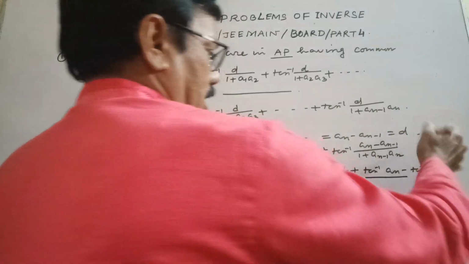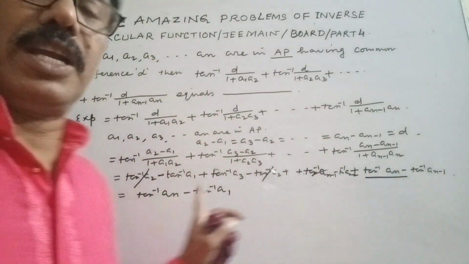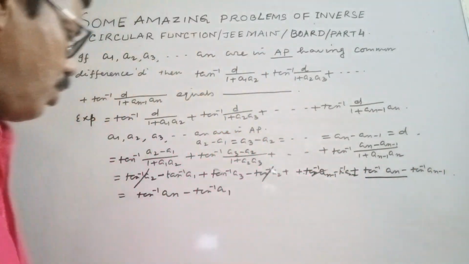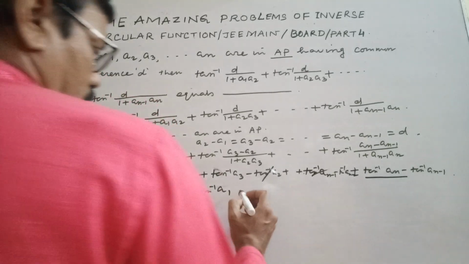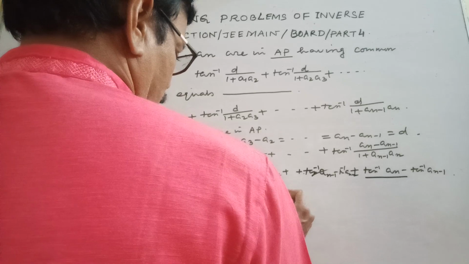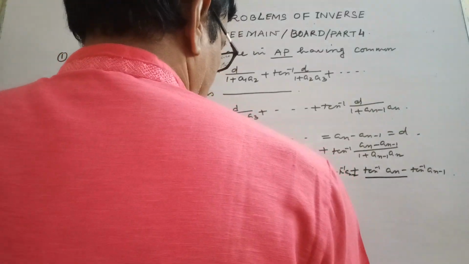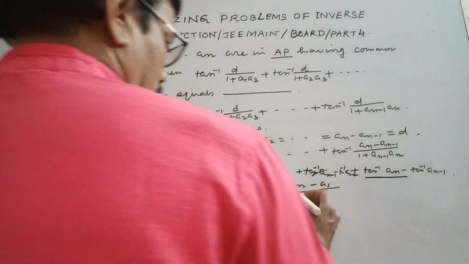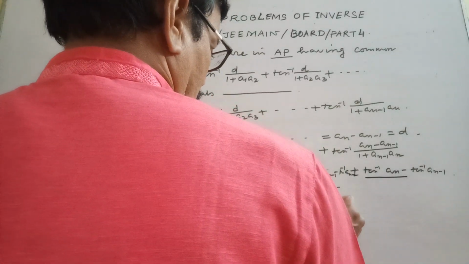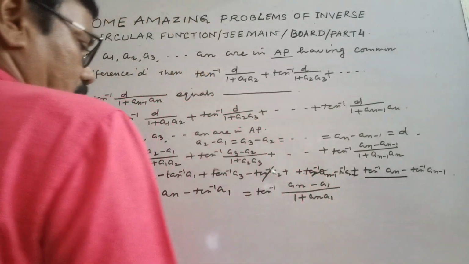So this cancels out, and you are getting only two terms. Now if we simplify it, we get (An minus A1) by (1 plus An into A1).